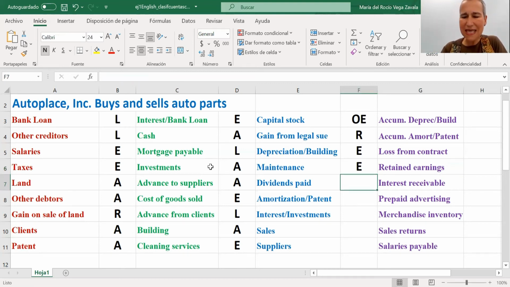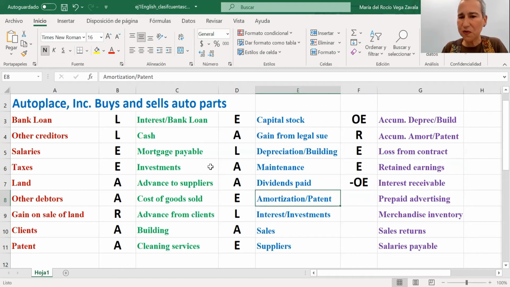Dividends paid is a negative owner's equity account. Why negative? Because it decreases owner's equity. It decreases my retained earnings because I'm distributing those profits among my stockholders, okay?